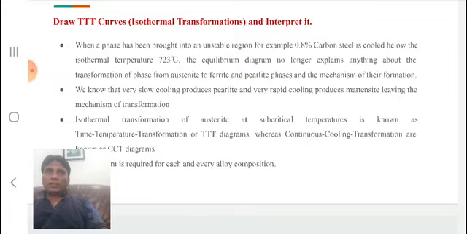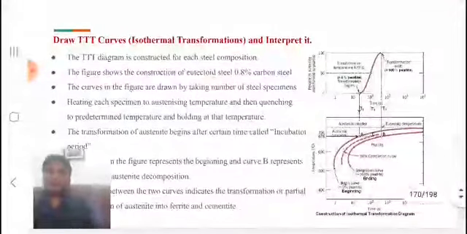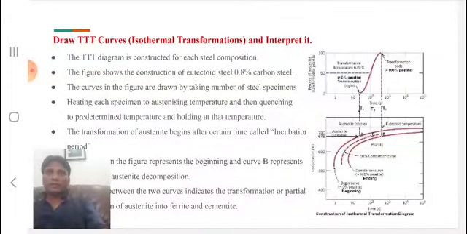So that is clearly explained with the help of the diagram here.